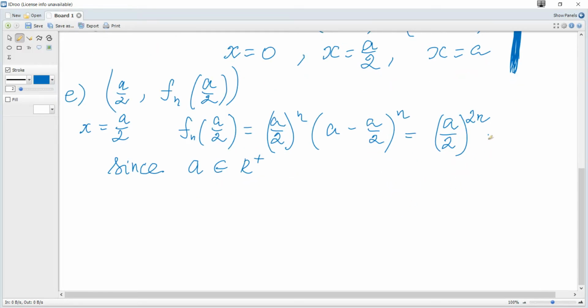It doesn't matter, even power or negative, it will be like this or like this. So a function of some value raised to the power of x is always positive, for x positive or negative, it doesn't matter. So since a is real and positive, (a/2)^(2n) is greater than 0.